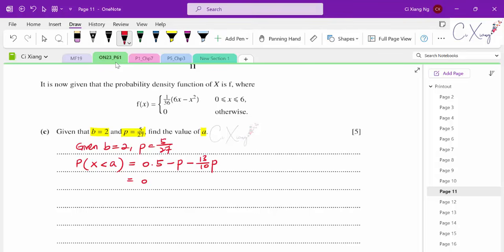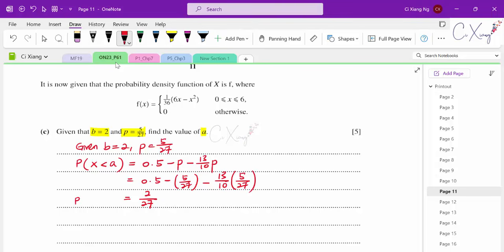So substitute the value of P inside, 5 over 27. If you do the calculation here, the answer that you get should be 2 over 27.